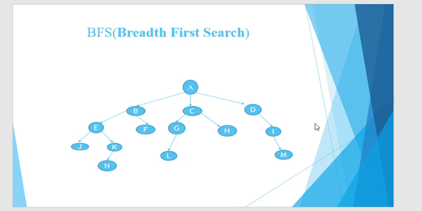In that particular case in DFS, because it moves in one direction, sometimes we might get stuck in a loop. And if the search path we are stuck in is infinite, then we will never be able to find the element.